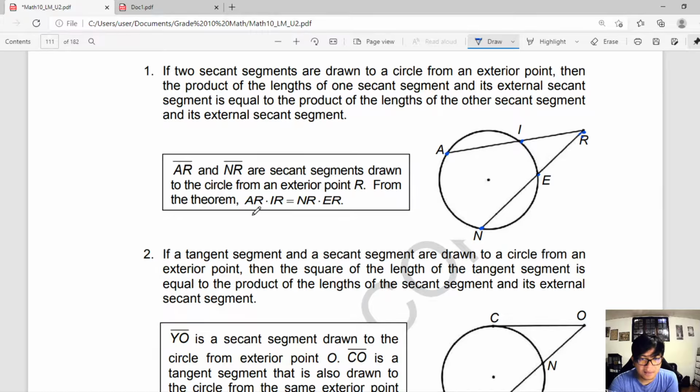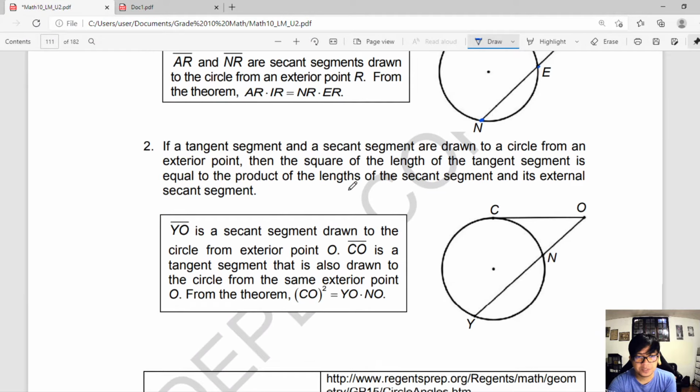So, if this is our basis as given, that is AR, one secant, times its external secant, is equal to NR, which is the secant, times its external secant. So, that is what the theorem number 1 says.